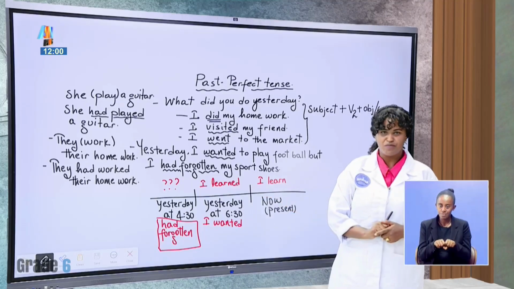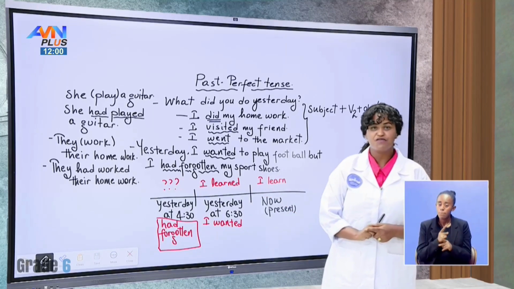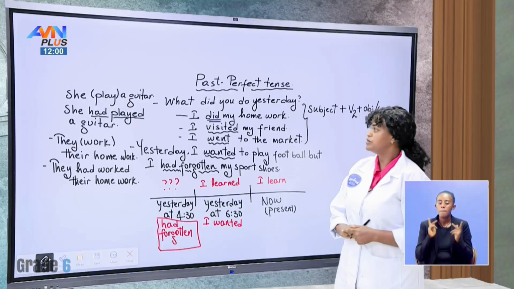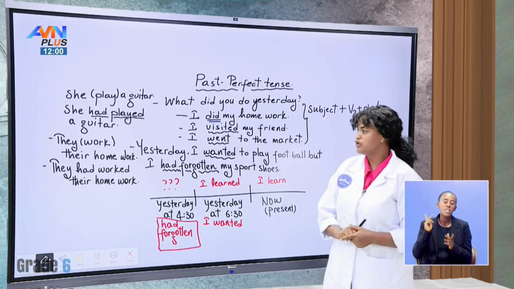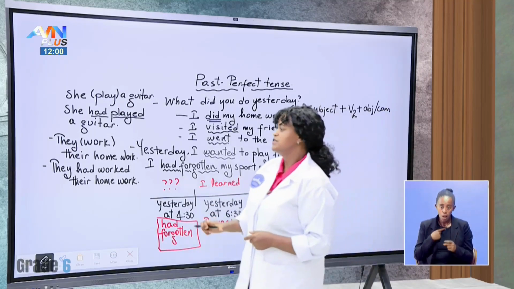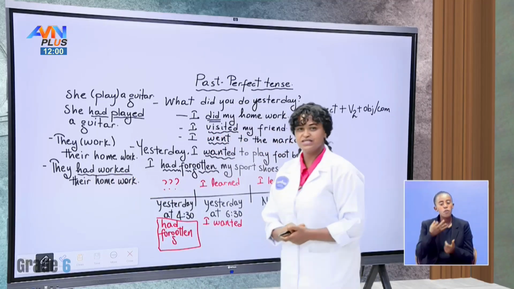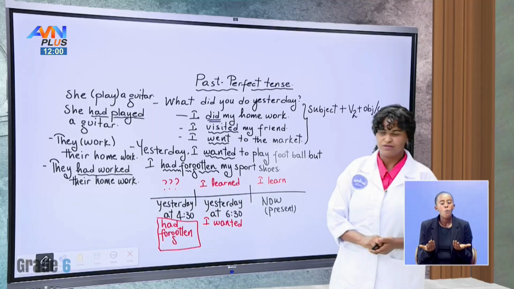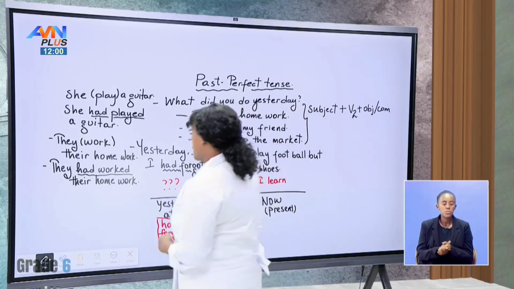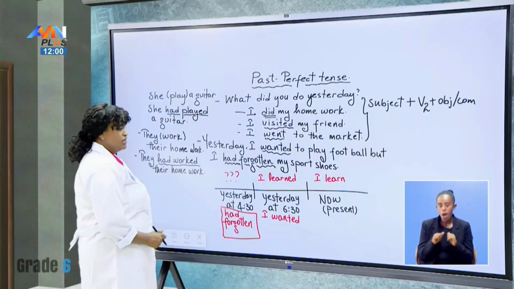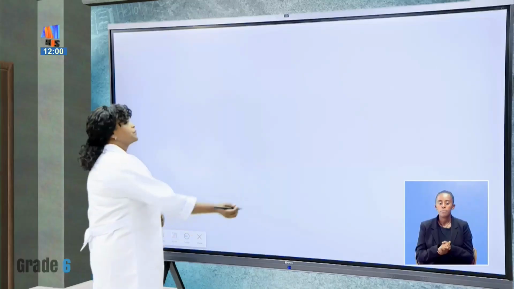What is the form of past perfect? Can you tell, based on these sentences, the form of past perfect? I'm sure you do. How do we make the form? Let's use this form.